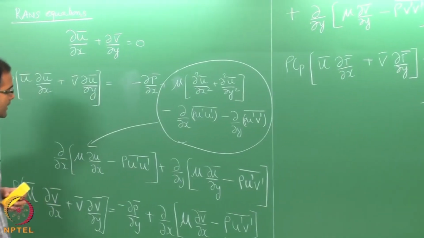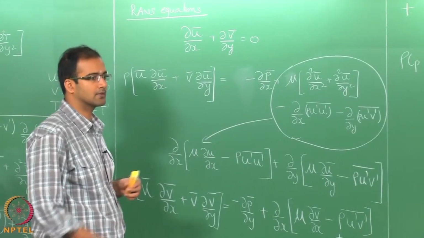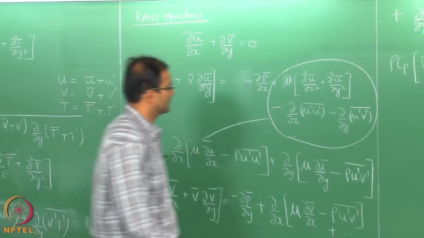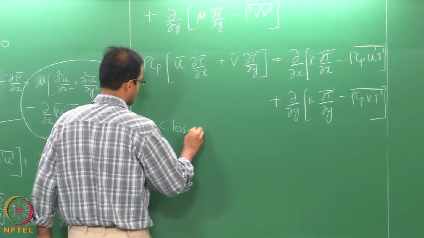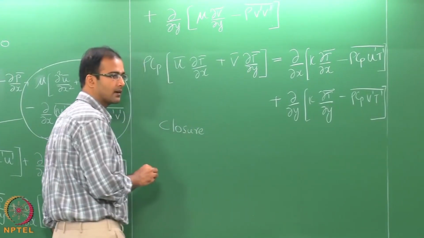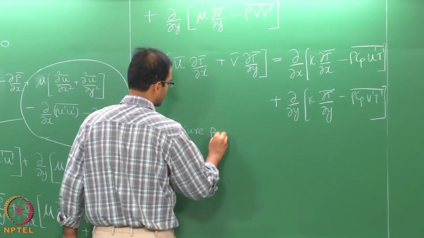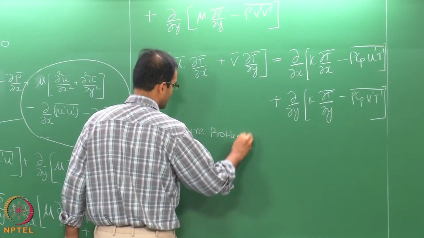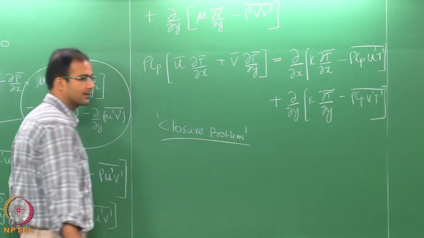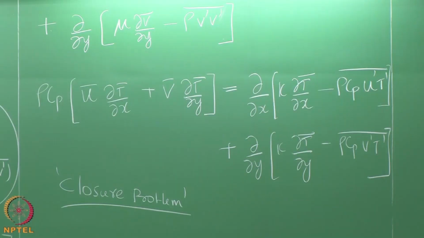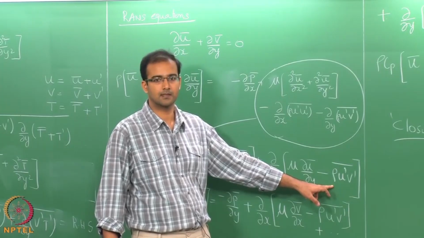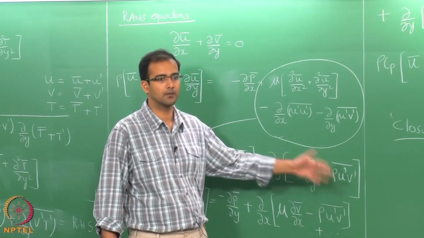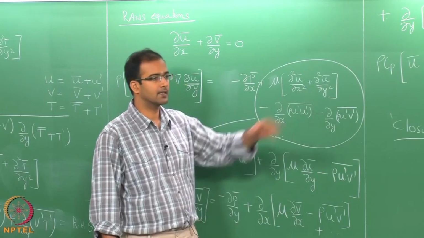Now, why I am doing this is that I am going to close this problem. We have a particular problem in these RANS models which is called the closure problem. When you did the Reynolds decomposition and averaged, you created turbulent stresses like u prime v prime, u prime u prime, and so on, and similarly in the energy equation.